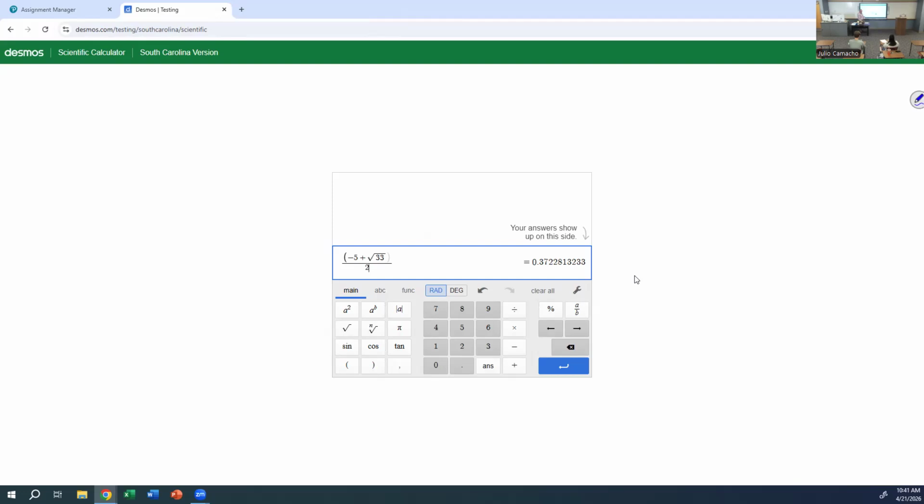No, I even changed mine to the wrap that's on there too, and it still didn't work. Same. Take the square root of 33 first. Only the square root of 33. What's the answer? Square root of 33.